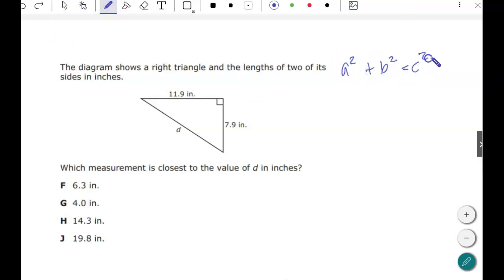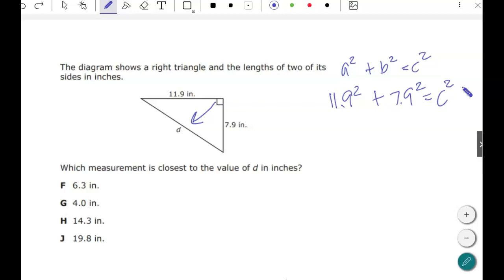And since the hypotenuse is always across from that right angle, call it C. Doesn't matter what letters you use, really. 11.9 squared plus 7.9 squared is equal to C squared. All right, I'm getting my calculator out, so I'm going to do 11.9, square it.